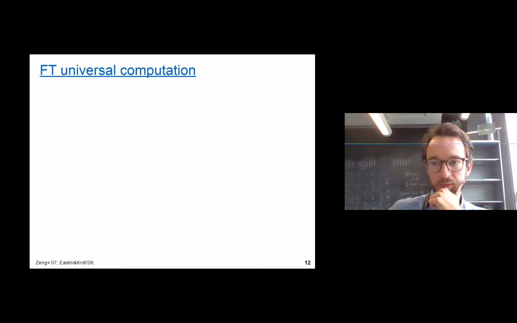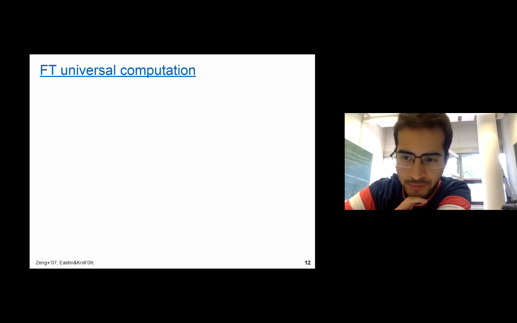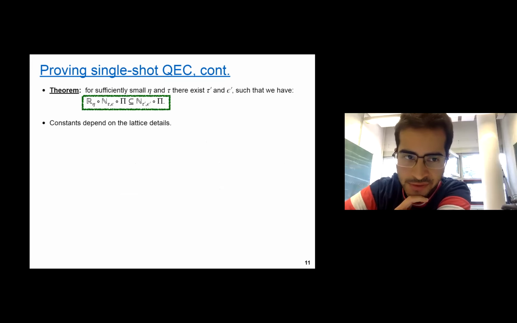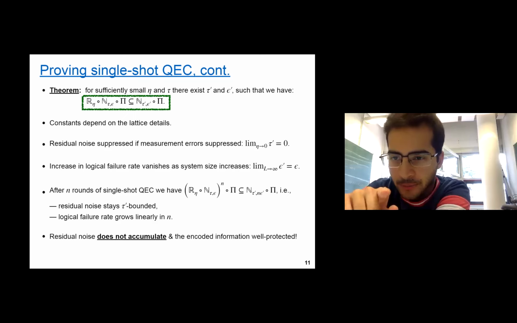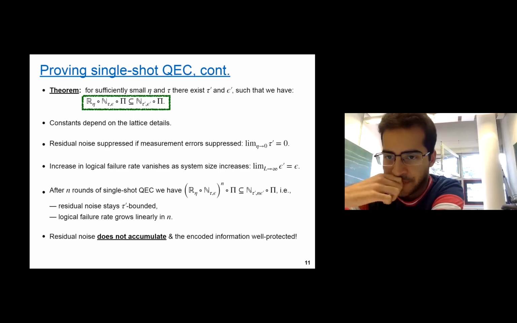I had a question on your previous slide. First, a more naive question. When you're increasing the lattice size to infinity, does the error have to converge to a fixed epsilon, or could it increase with each increment in your lattice size?